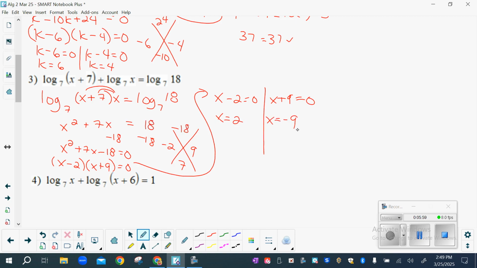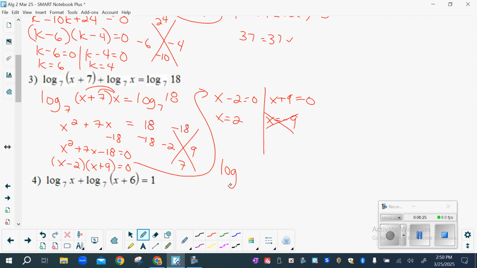Okay, and on this one, when we go to check, there is an extraneous solution. If I substitute a negative 9 in for this x here, I get log base 7 of negative 9. Can I have a negative there in this place? I cannot. This one doesn't work. If I plug the 2 in here, I get 2 plus 7 is 9.